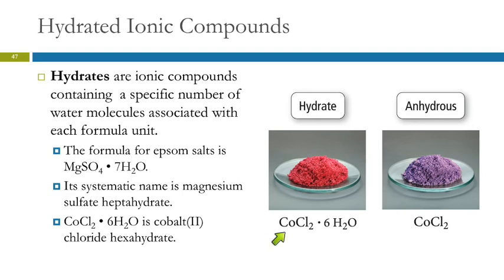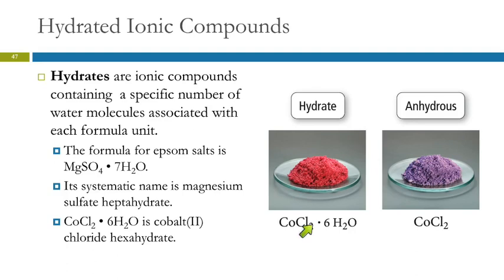So this one, CoCl2·6H2O, that dot is not a multiplication sign. It just means these guys are together. This is cobalt 2 chloride, and then we add hexa, a prefix meaning 6, hydrate: hexahydrate.